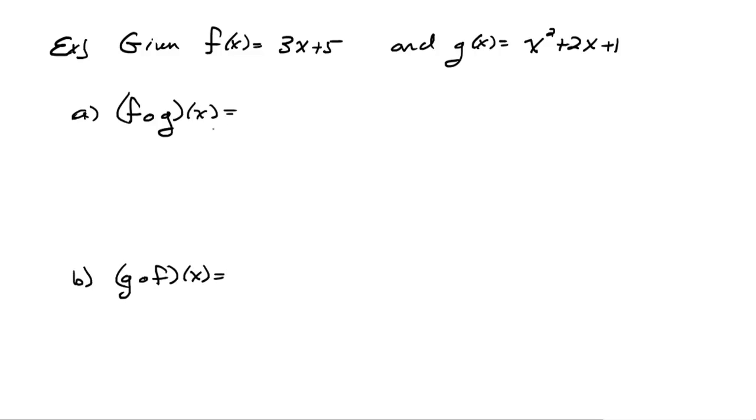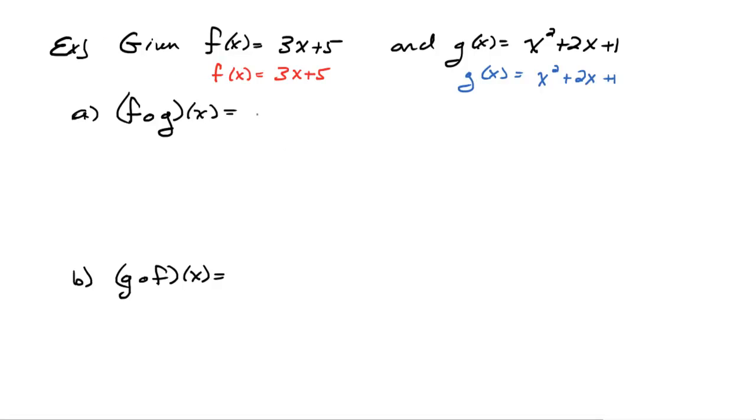So here we have f composed of g of x and then g composed of f of x. I'm going to make this a little easier by writing it in color. I'll write f of x equals 3x plus 5, and then in blue I'll rewrite g of x, which is x squared plus 2x plus 1, because I like to use a lot of colors. I think it makes it a little easier to understand.